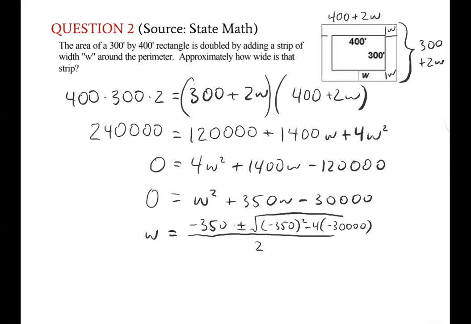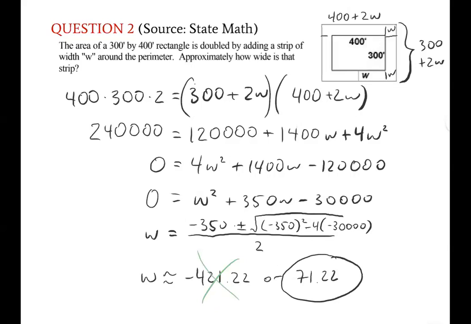You can use your calculator to make things easier, but we will get two answers: negative 421.22 or 71.22. You only have one answer here, which is 71.22, because w cannot be negative. You cannot have a negative width. So our answer is 71.22.